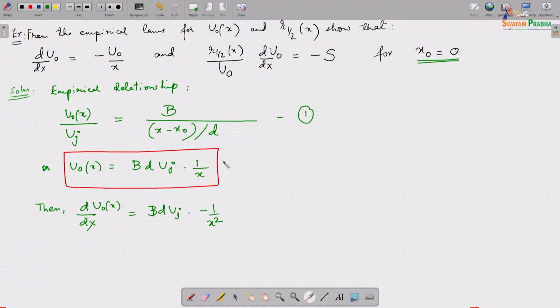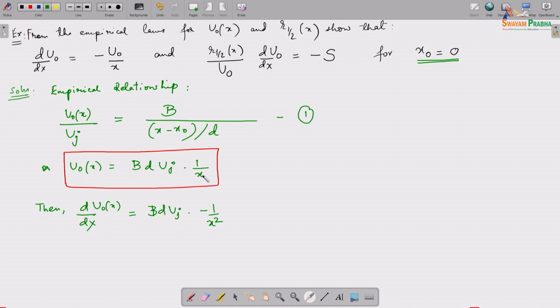Now we are essentially going to use this relationship again. Because you can see that u naught x is equal to b d u j into 1 by x. So I am going to use this to get an expression for 1 by x squared and we will see what we get.